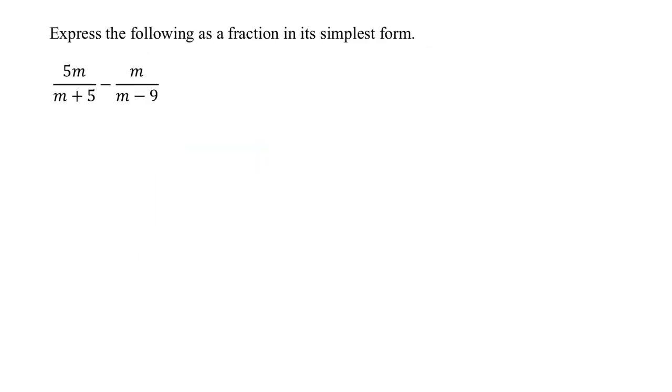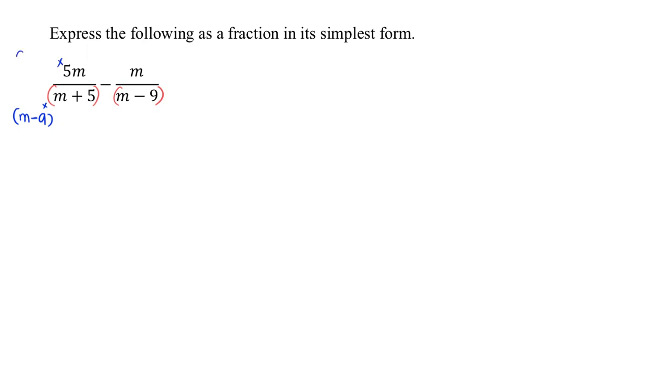Hello everyone, welcome to this part of the video where we are required to express the following as a fraction in its simplest form. And notice that the denominators are all algebraic expressions and we cannot factorize. So the next logical move would then be to multiply by, in this case here, m minus 9.